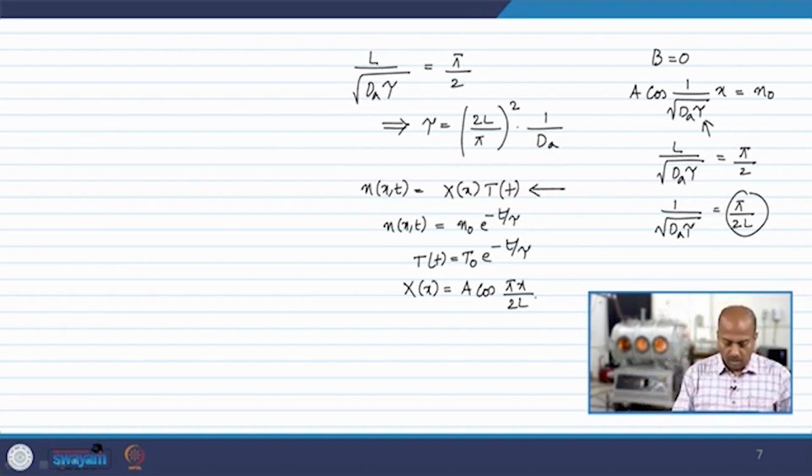Right. Now, substituting all of that, n of x t is X naught, some value for A, X naught cos pi x by 2L times T naught e to the power of minus t by tau.